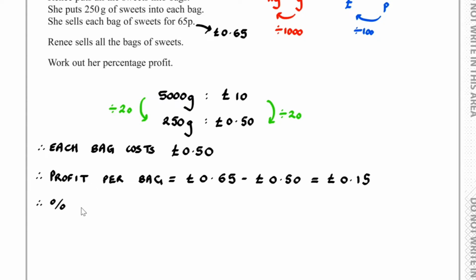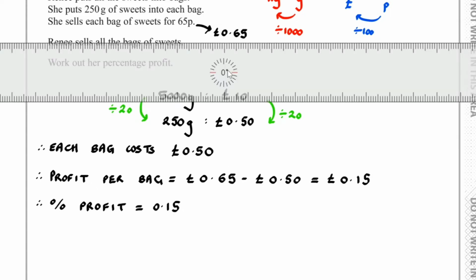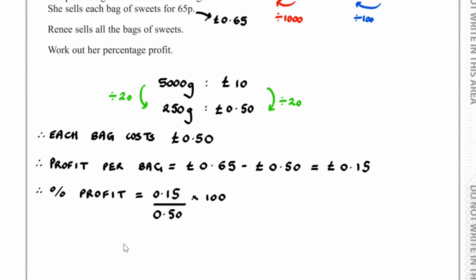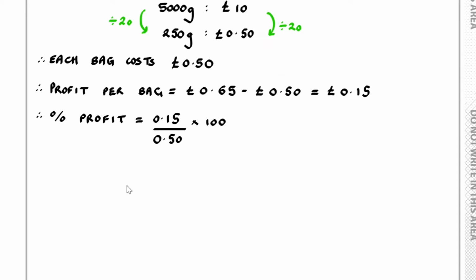So the percentage profit, we have 0.15 divided by 0.5, and then we times this by 100. 15 over 50, 3/10, multiplied by 100.